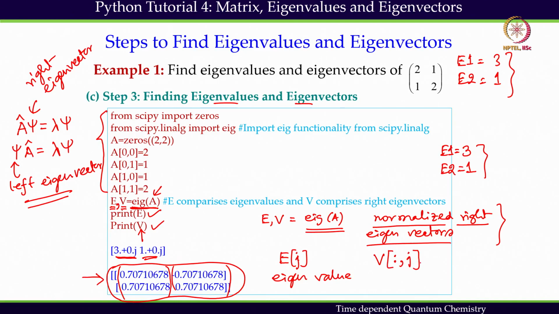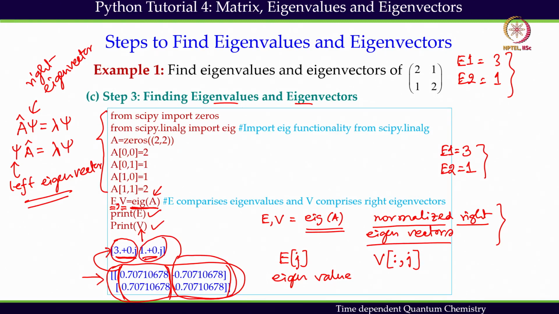So, actually I am taking the column. This particular column is associated with this eigenvalue, and this particular column is associated with this eigenvalue. This is the way they are representing it.